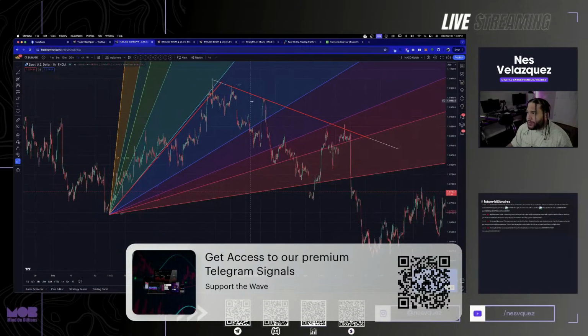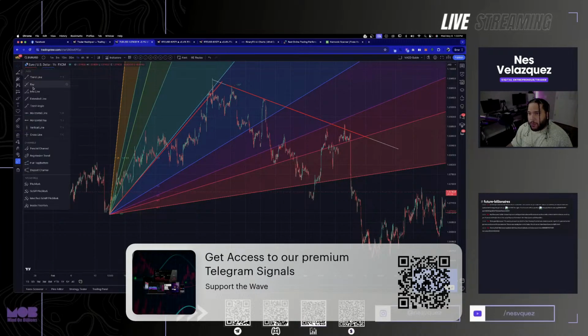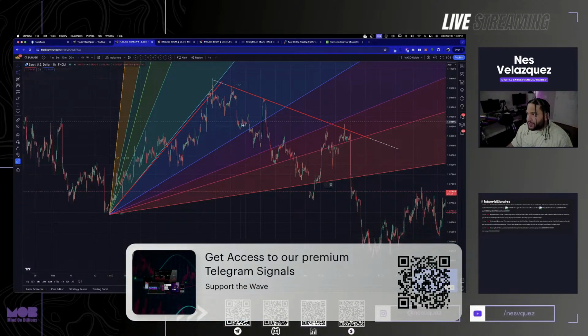But for the most part, you can visibly see that this is basically, remember what we were covering yesterday, look at this. This is what we're looking at right now. It's a disjoint channel. Look at this, because it's a channel, but we could use the Gann Fan on this too.